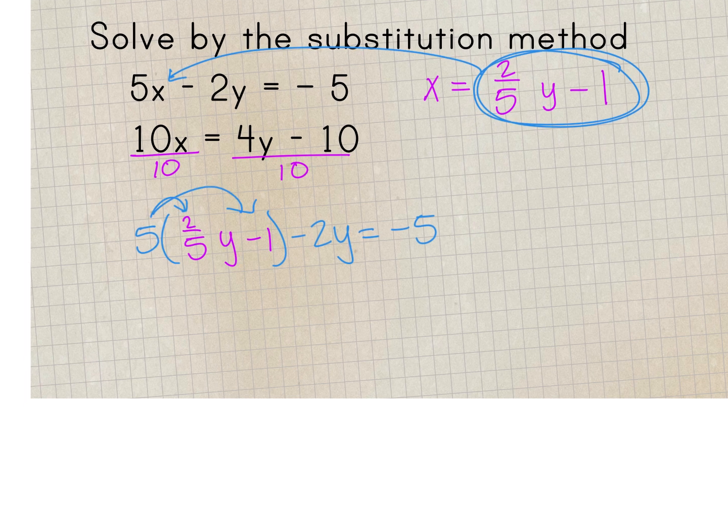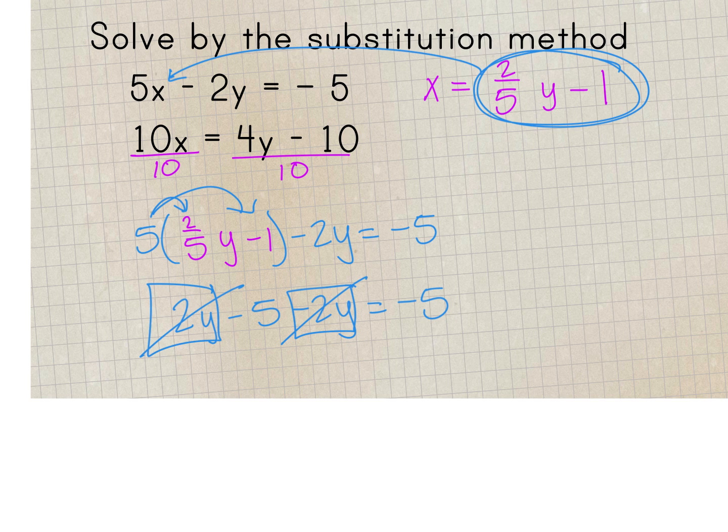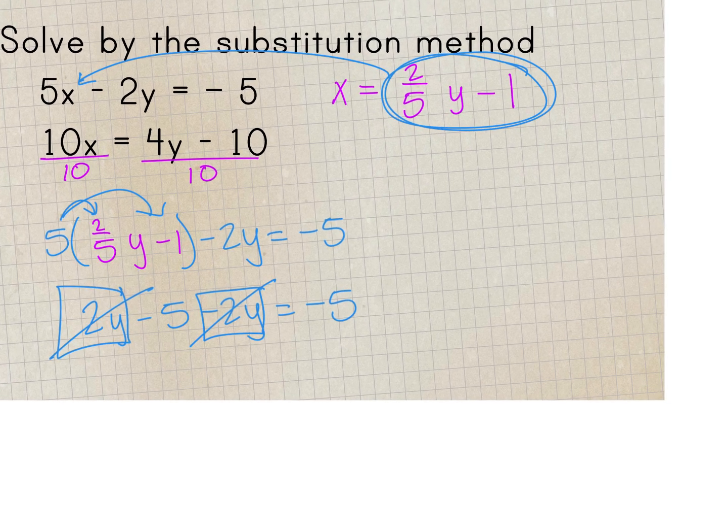So distributing, I'm going to get 10 over 5, which could be simplified to what? 10 over 5 can be simplified to 2. So I'm going to go ahead and write 2y minus 5 minus 2y equals negative 5. Combining like terms, what's going to happen to my like terms? They're going to cancel out. So right now I have left over negative 5 equals negative 5.